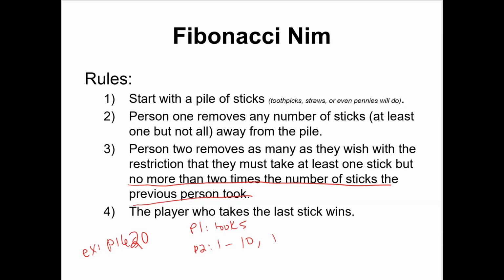The pile was 20, someone took 5, so now the pile is 15. Maybe they take 6. Now the pile is 9, and person 1 can take between 1 and 12. The person who takes the last stick wins, so maybe they take 9, and then they won.